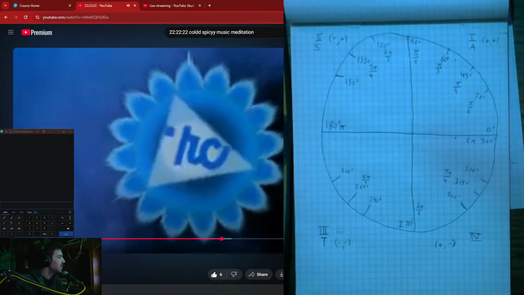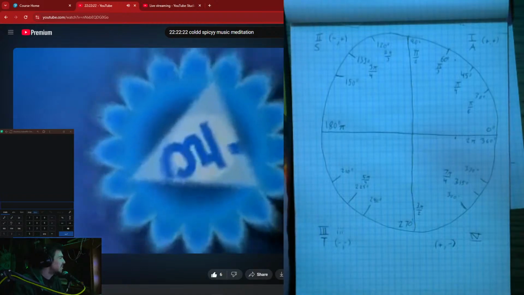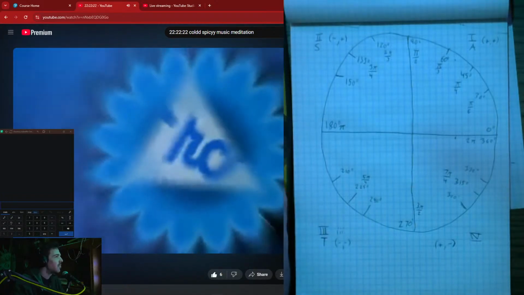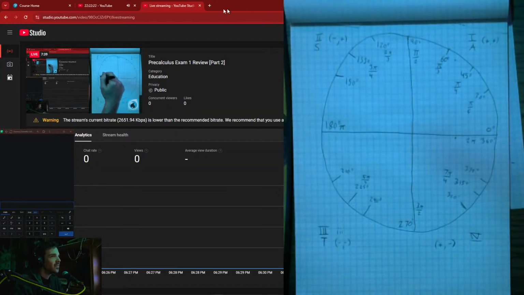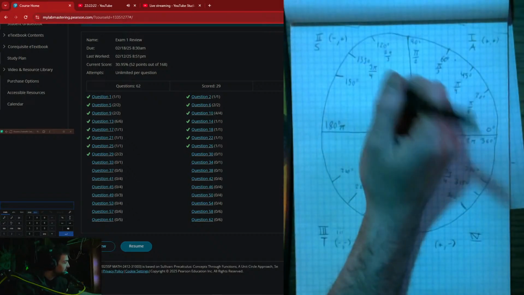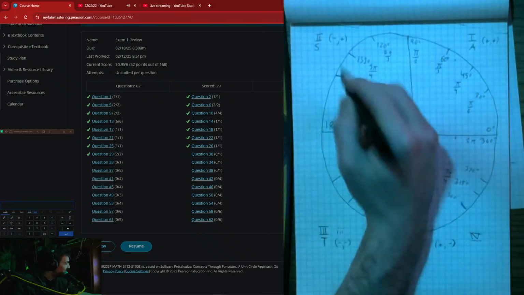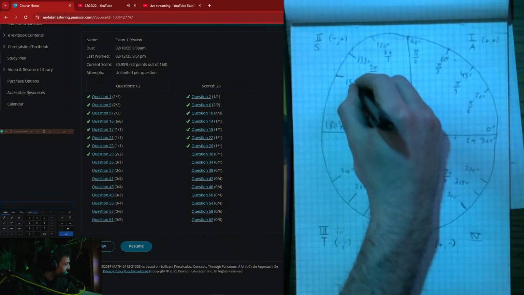Partition wizard. 5 pi over 6 is 150 degrees.